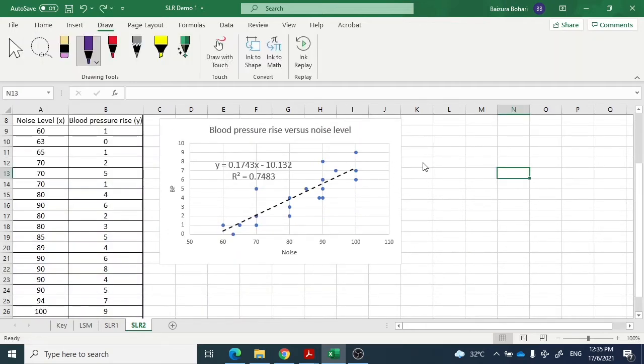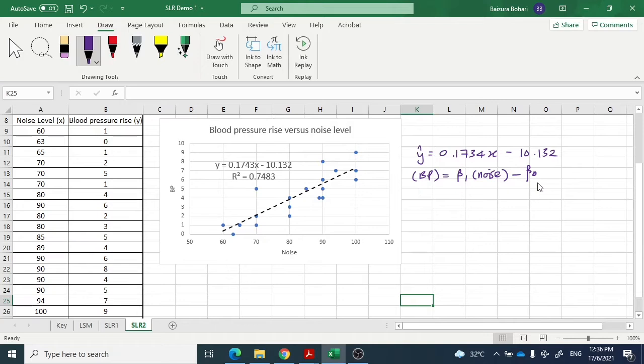So from the trend line equation, we have y hat equals 0.1734 x minus 10.132. So this y hat is BP, and 0.1734 is beta 1 times the noise, minus beta naught.